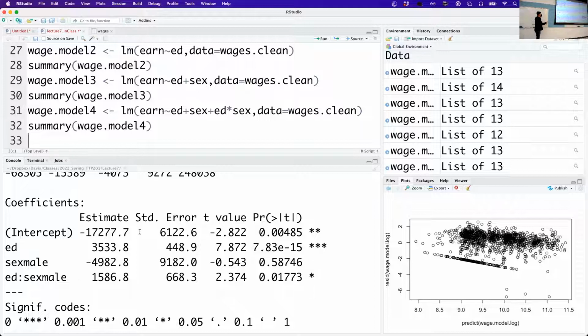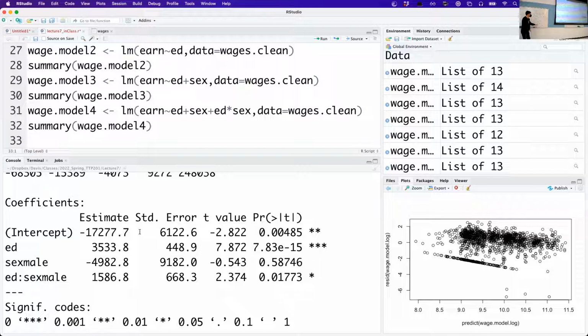But we'll notice that now, in an analogous way, instead of just different intercepts, you also have different slopes, okay? And so this education slope is the base level referring to the education slope for the female. So that's 3,500 per year of education.